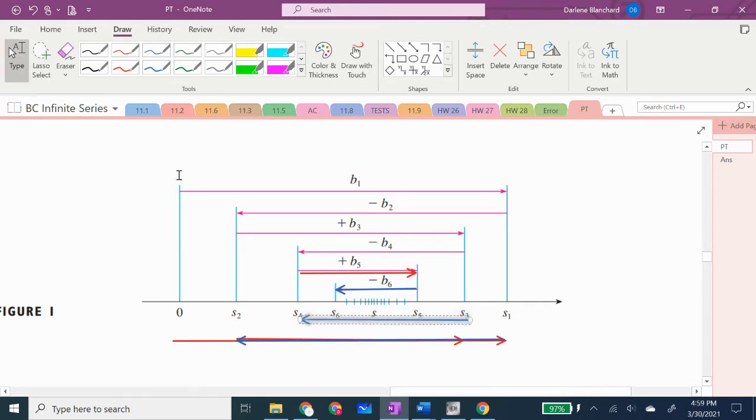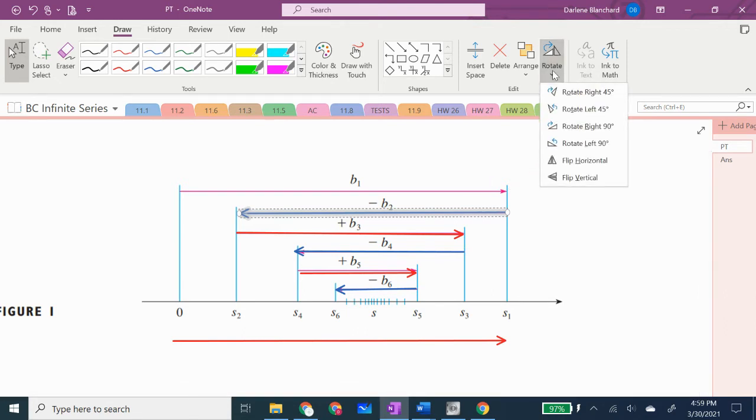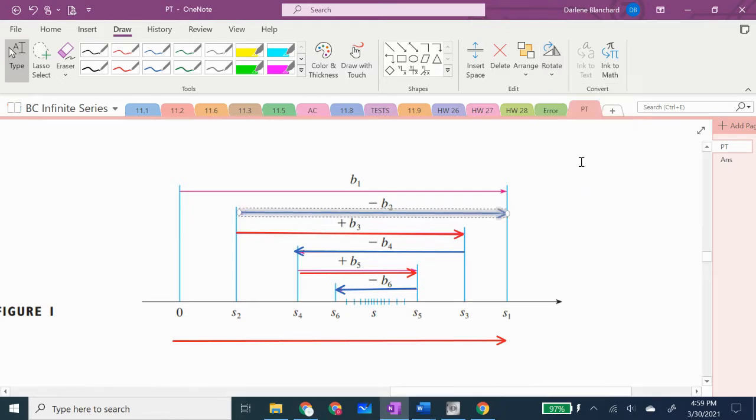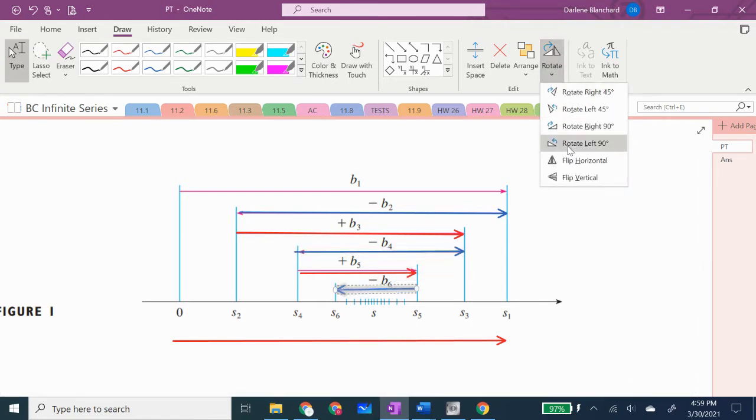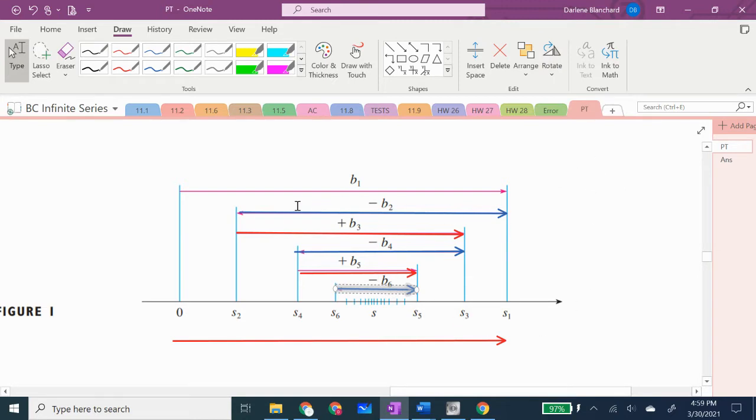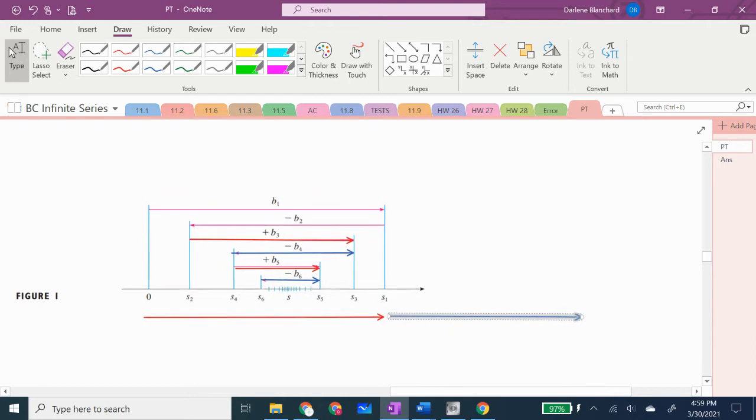Now, if I absolute valued all the terms, then I would be taking these negative vectors basically, and turning them to all go in the positive direction. So I'm going to make all these that are going in the negative direction head in the positive direction. Now, if I look at the sum after I've absolute valued the terms, I'm going to have to zoom out a little bit here.